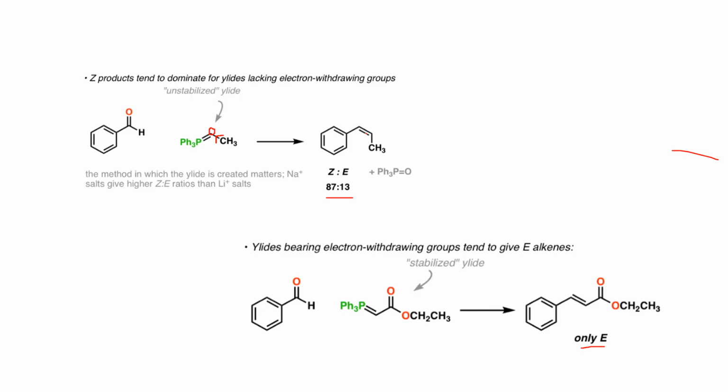Along this double bond, if the higher priority groups are on the same side, that will be Z. If the higher priority groups are on opposite sides, that will be the E double bond. So just by changing the nature of the phosphorus halide, we can get a stereospecific alkene as our product.